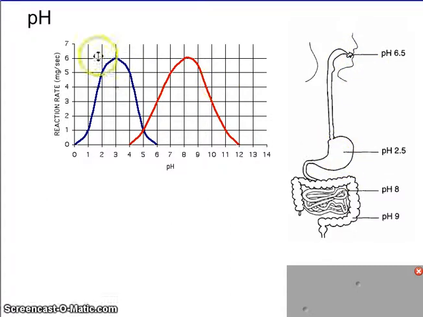You can see that the blue would be found in the stomach with a pH of close to 3. And you can see that this one with an optimum pH of about 8 to 9 is going to be found somewhere in the intestines. That's the way you really need to determine where they are in the body. Remember, the stomach is acidic, so their enzymes need to be able to handle those acids.